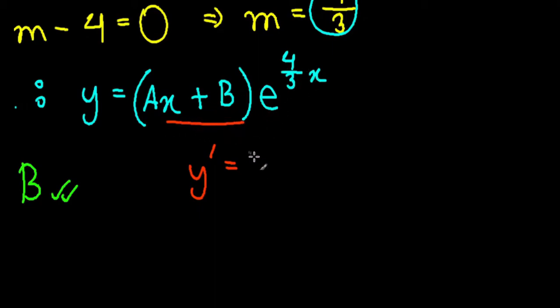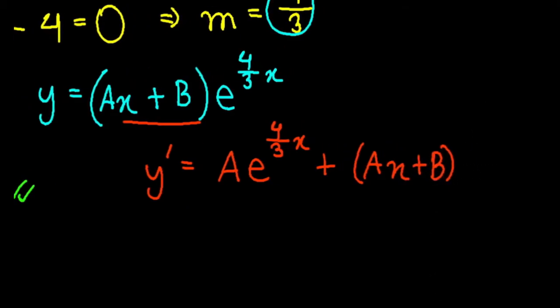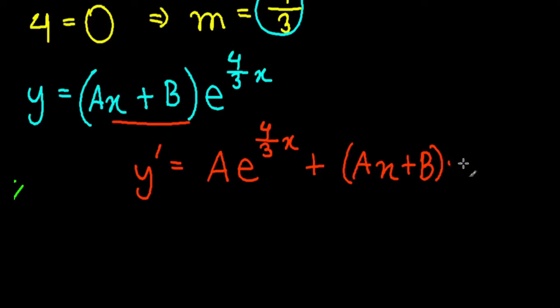The derivative of the linear term is just that constant a multiplied by e to the power 4 by 3x, and we're going to keep the linear term the same and differentiate the exponential. Differentiating this, the 4 by 3 will come out, so ax plus b multiplied by 4 by 3 e to the power 4 by 3x.